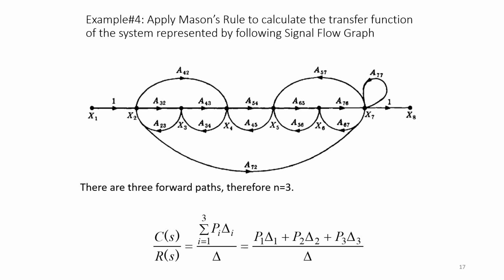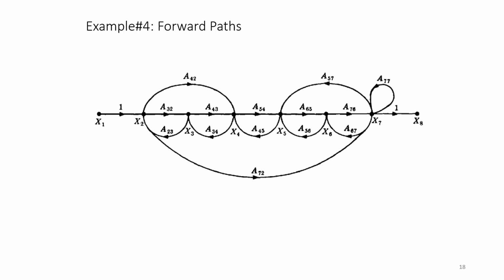So this is our next example, wherein you have to find out the number of forward paths in a similar way. So we will find out the forward paths first. It is highlighted in yellow color here. So from x1 to x8 we are reaching like this. The gains that you come across here are multiplied, which is represented as P1.